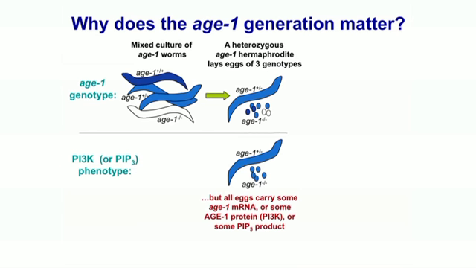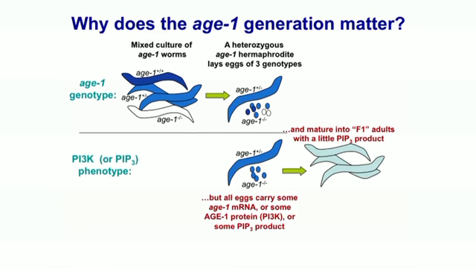And now it's the same intermediate amount for the heterozygotes, but they're able to transfer some of the PIP3 or the PI3K messenger RNA or something upstream of that to their eggs, which then, when it develops, is diluted enormously.